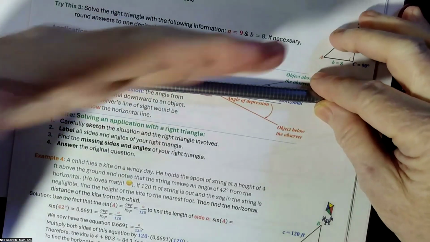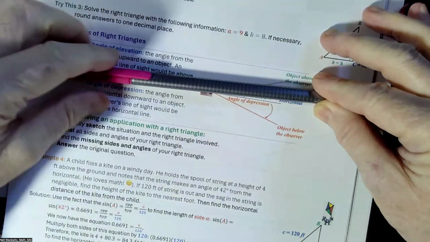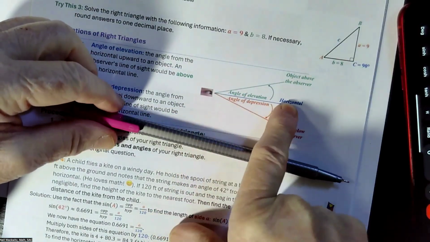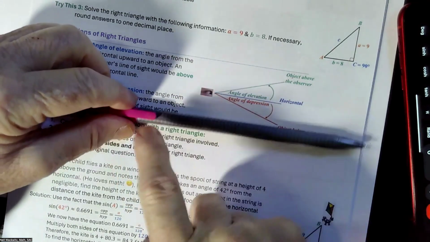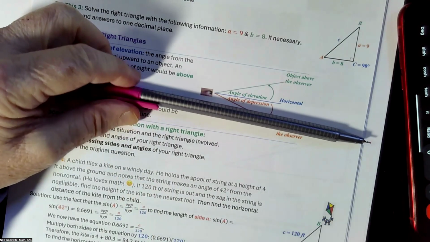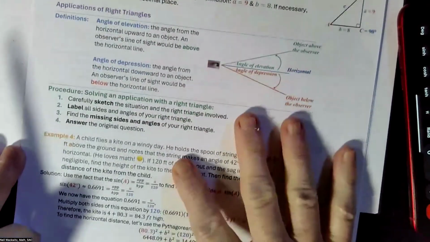The angle of depression is the angle below your eye line. Sometimes they'll just tell you the angle of elevation, and that will be based with a horizontal, which we assume to be the earth or something. So they have to tell you what this horizontal measure is so that you know where you're measuring above or below.